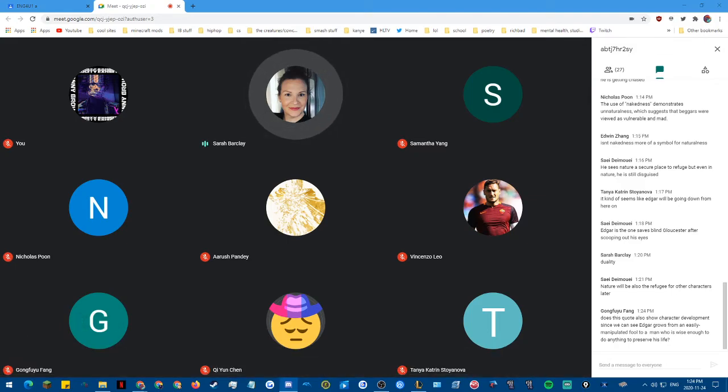Okay, so another question here is, does this quote show character development, since we can see Edgar grows from an easily manipulated fool to a man who is wise enough to do anything to preserve his life? Absolutely. Now, whether you call that character development, I would say more accurately it's what is revealed about his character, because we don't know what he was like before.